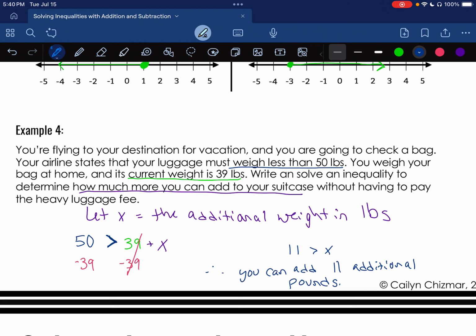If there were items that I didn't know if they were going to fit, maybe I need to add more. So if my goal is 50, I need to be less than that, right? So I have 11 pounds of wiggle room.